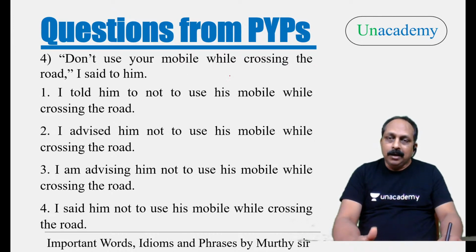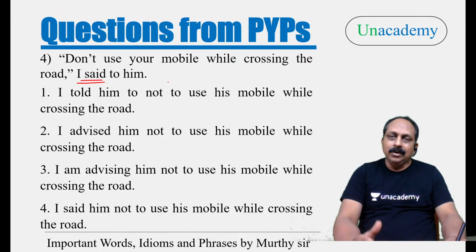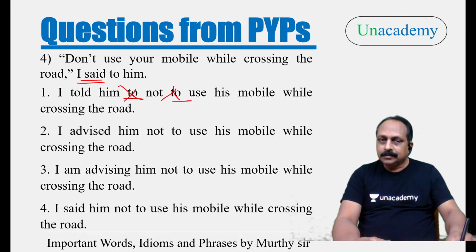Don't use a mobile while crossing the road, I said to him. I beg your pardon. Yes, that is old English. Now people say sorry, come again, and short form, pardon, all are acceptable. I told him to not to, that is not correct.